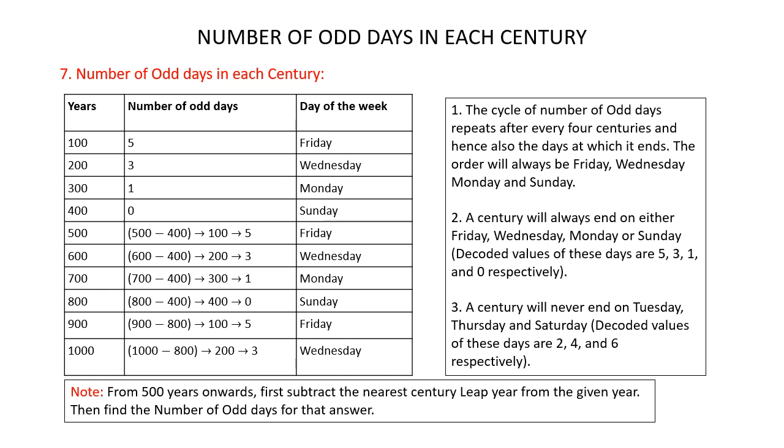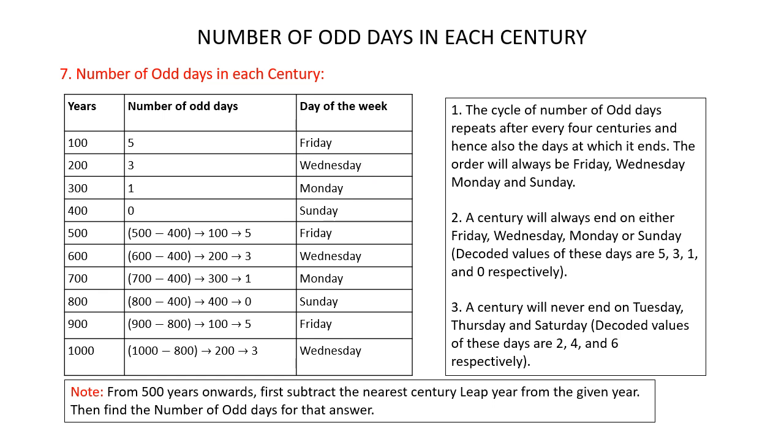Now here, the number of odd days is 5, and we know that 5 means Friday. So the last day of the first century would be Friday. In 200 years, the number of odd days is 3, and we know that 3 is Wednesday, which means the last day of the second century would be Wednesday.